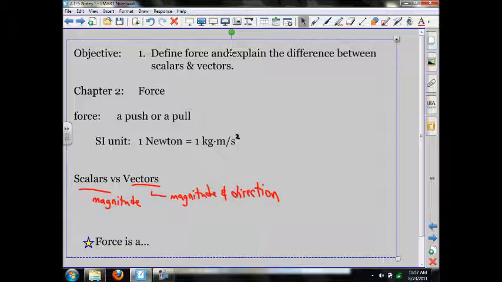Lots of things that are vectors: velocity, acceleration. Speed is a scalar, velocity is a vector. So if it has direction, it is a velocity. Speed is how fast, velocity is how fast and in which direction.